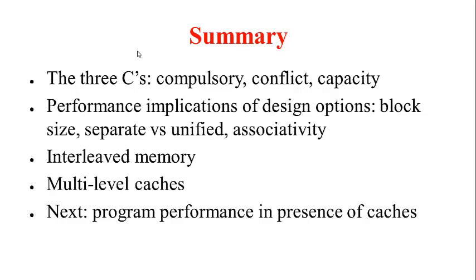Next we looked at two neat ideas, first of interleaved memory, the second of multi-level caches. Both have the effect of reducing the miss penalty and improving the overall performance of the cache system. In the next video, we will be looking at quantification of the program performance in the presence of a cache system.